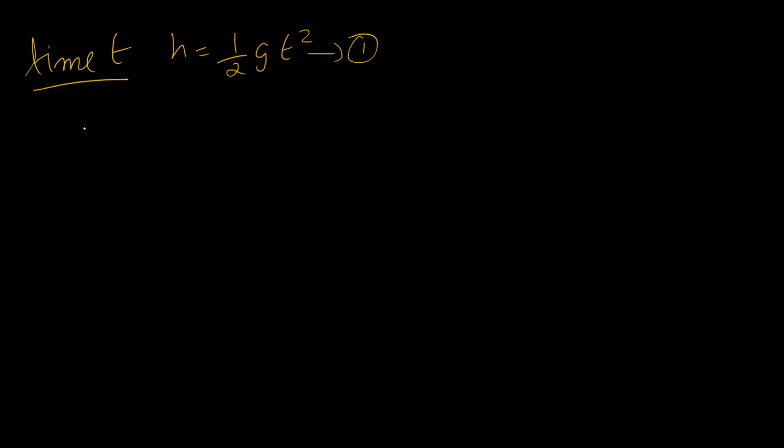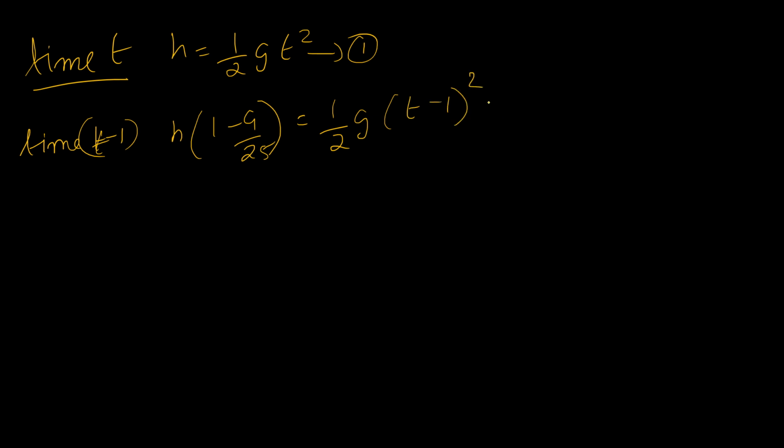Now at time t minus 1, which is the time during free fall, dropping under gravity, the corresponding h becomes h into 1 minus 9 by 25 equal to half into g into t minus 1 the whole square. This is equation number 2.